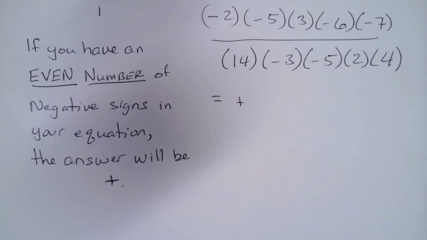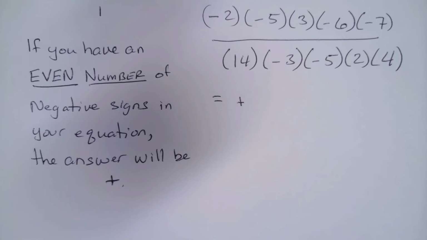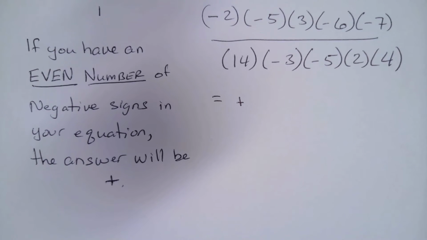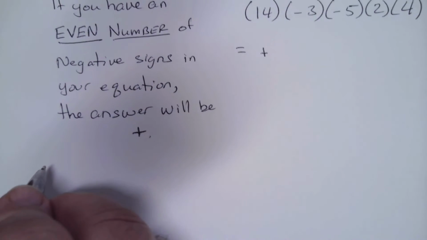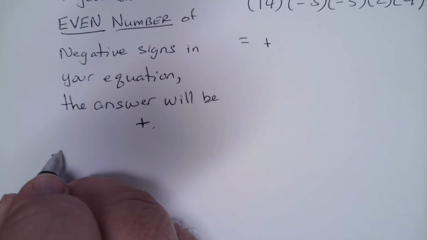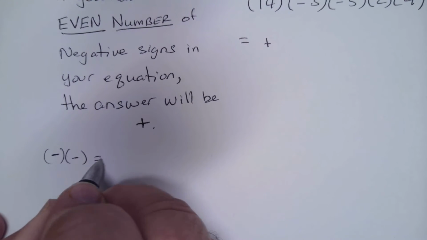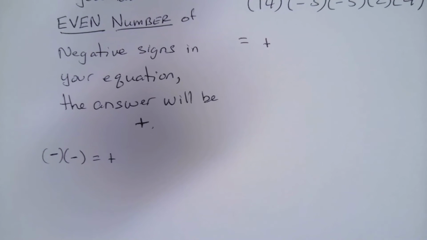If you have an even number of negative signs in your equation, then your answer is going to be positive. Why? Because negative times a negative becomes a positive. So basically, every other one cancels out a negative sign.